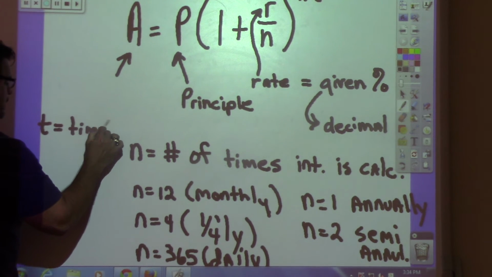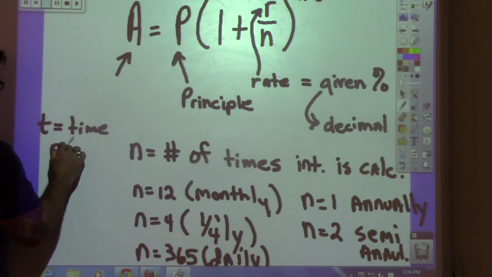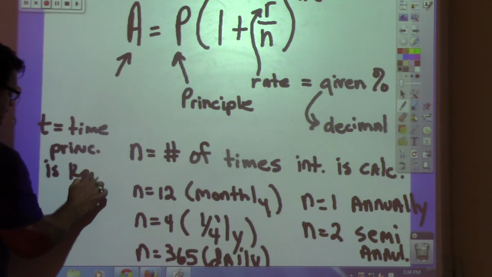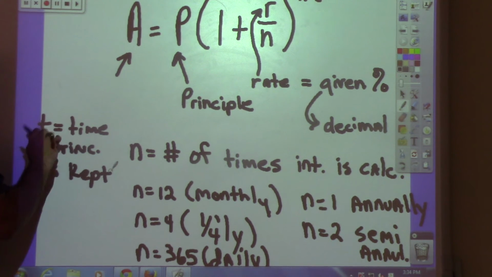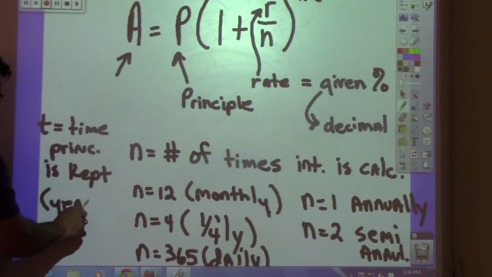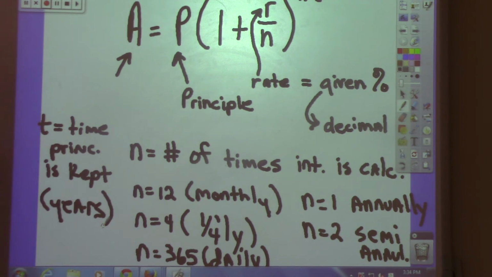T is the time the principal is kept, and 99% of the time it's going to be in years. So if I tell you that you kept your money in the bank for 6 months, what would T be? It would be 0.5.